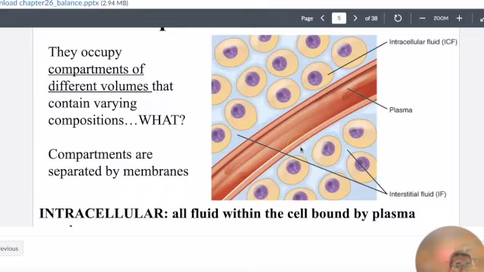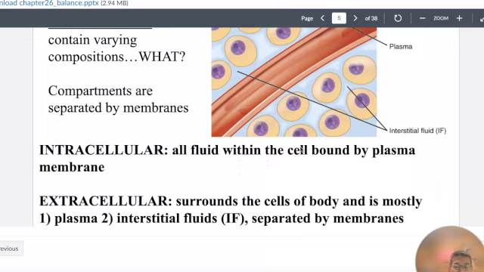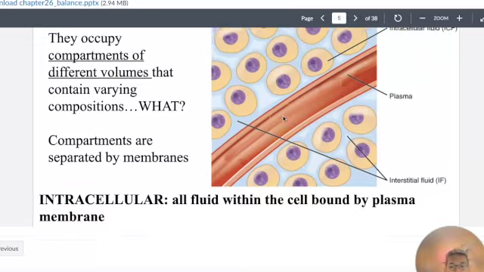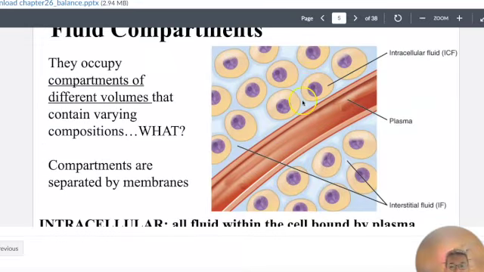Fluid compartments are also something that could get people confused, so let's go over it quickly. There's intracellular fluid, and there is extracellular fluid. If you dissect the word, intra means fluid within the cell, bound by the plasma membrane. You guys remember the plasma membrane. In this picture, it is noted by ICF, intracellular fluid, so within the cell.